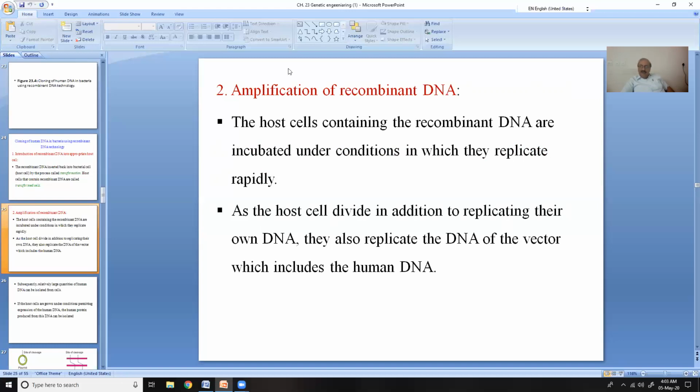Listen carefully: this recombinant DNA is inserted into the vector, so the host cell will start replicating it, which means our chimeric DNA also.